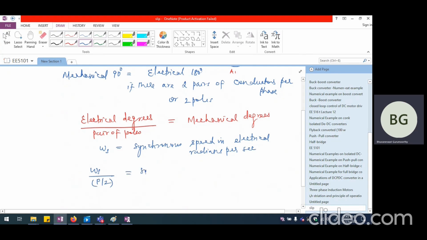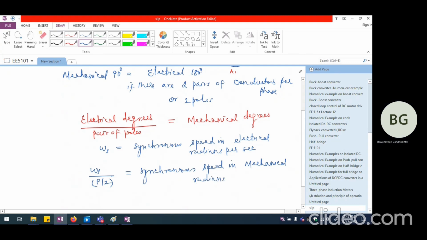That will be the synchronous speed in mechanical radians per second.